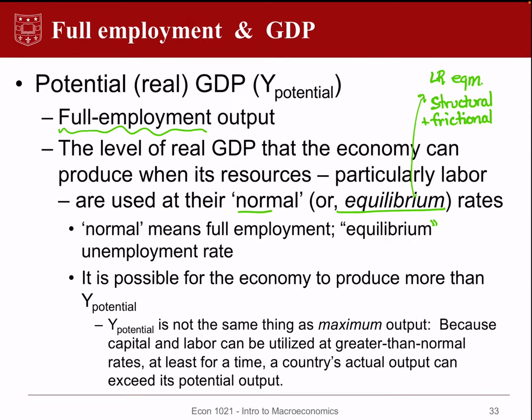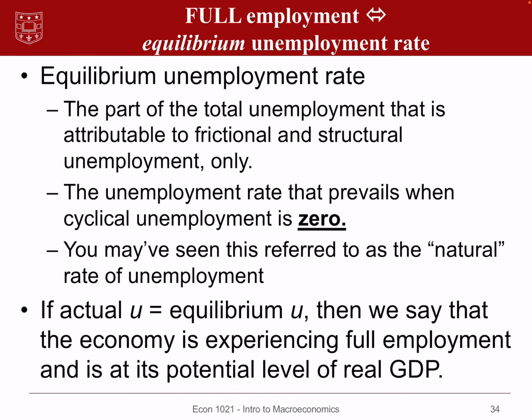So what do we think about when we're talking about full employment? Full employment, again, is how we are defining the equilibrium unemployment rate. The equilibrium unemployment rate, again, is this idea in the long run that we have only frictional and structural unemployment.